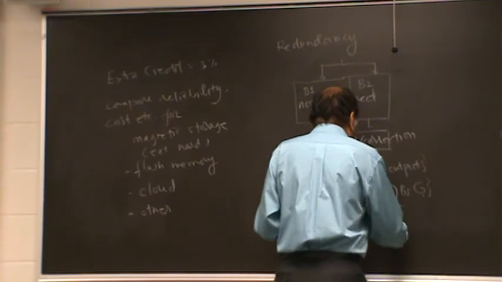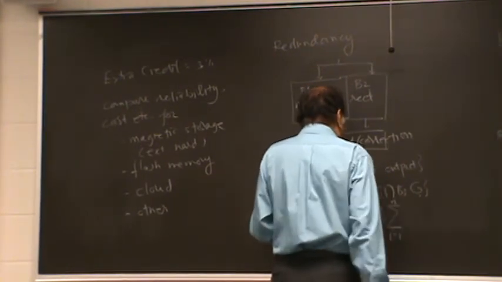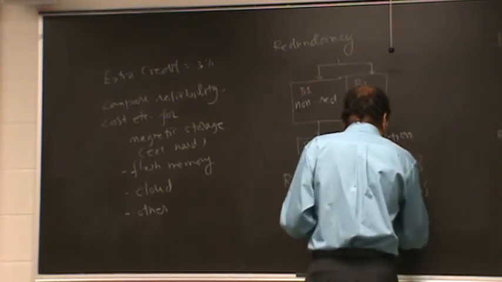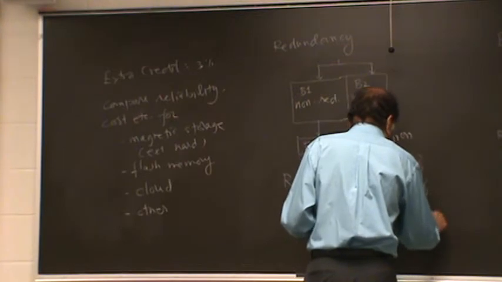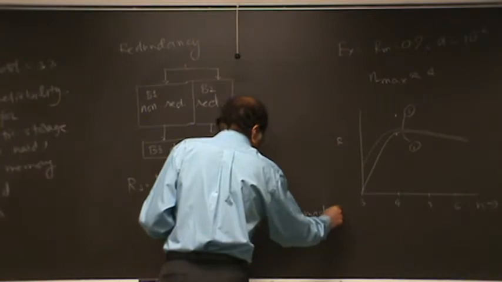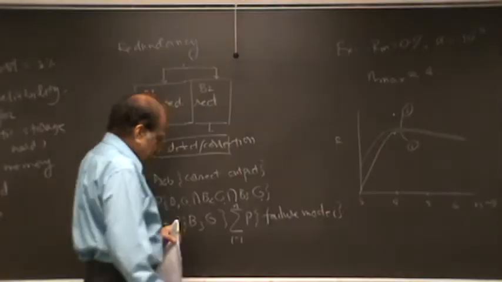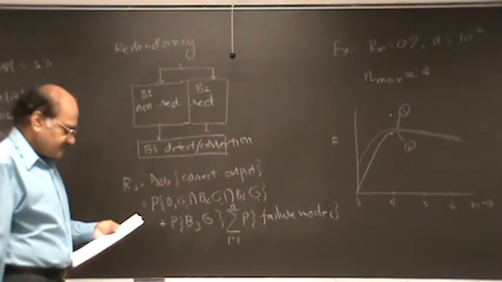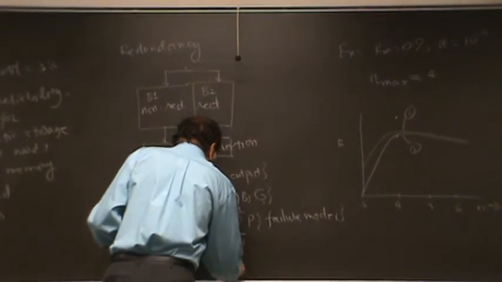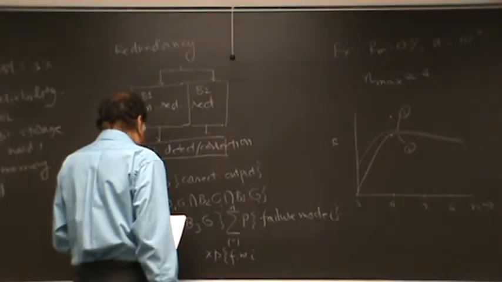So multiplied by the sum over i equal to 1 to n, where we are referring to different failure modes i. Probability of failure mode i, and it's multiplied here. Sorry, I have to write it down here. Multiplied by the probability that failure mode i is correctable.